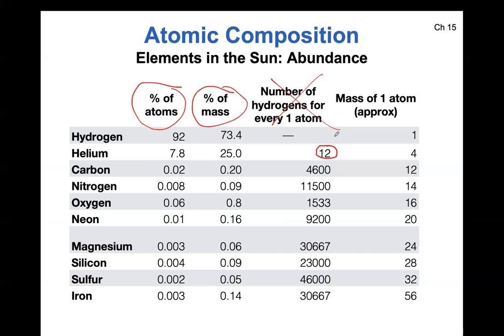Even though it's most of the atoms, each one only has an atomic mass of 1. Fun reminder, that's one what? Well, that's 1 atomic mass unit. And remember that is 1.67 times 10 to the negative 27 kilograms.